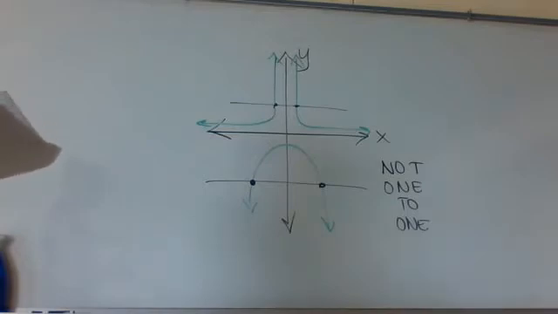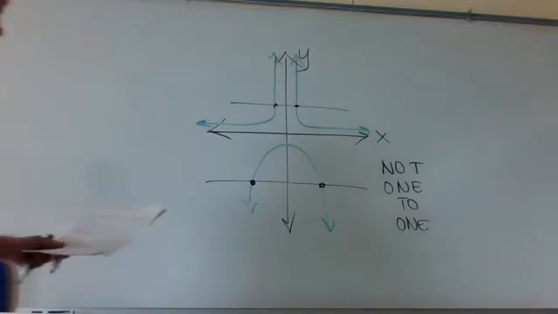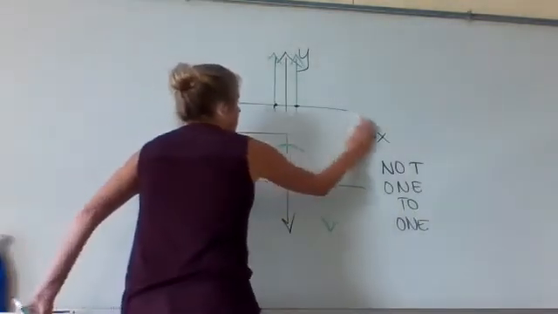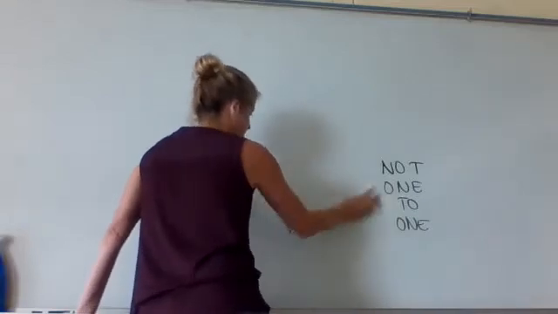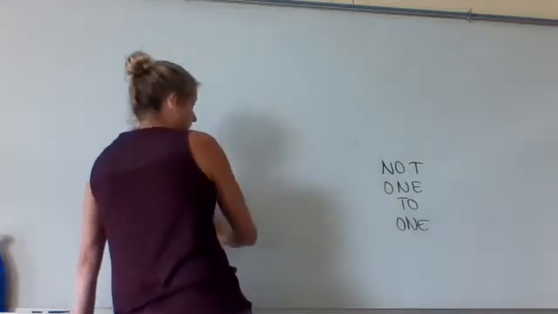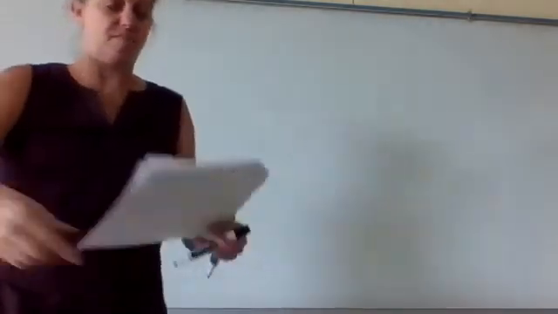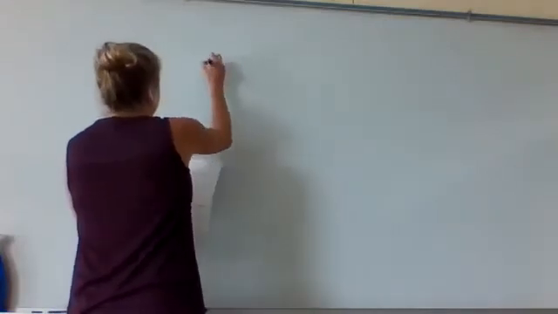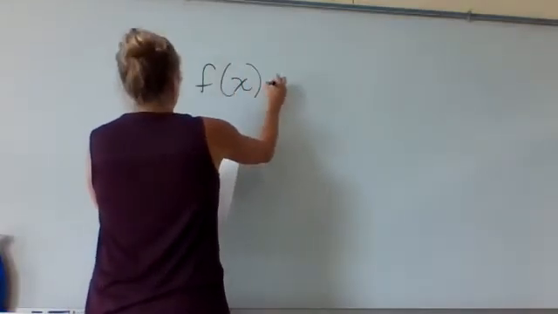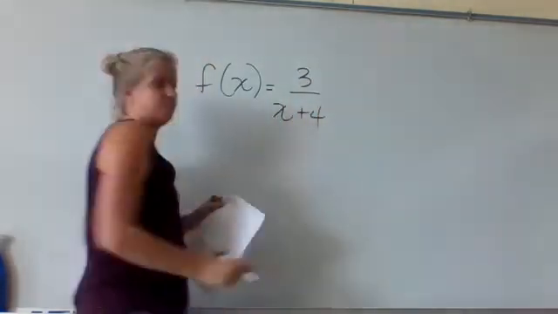Now, on number 19, it gives me a function and it says, is it 1 to 1? And then if the answer is yes, find its inverse, because only 1 to 1 functions have inverses. So let's look. f of x equals 3 over x plus 4.